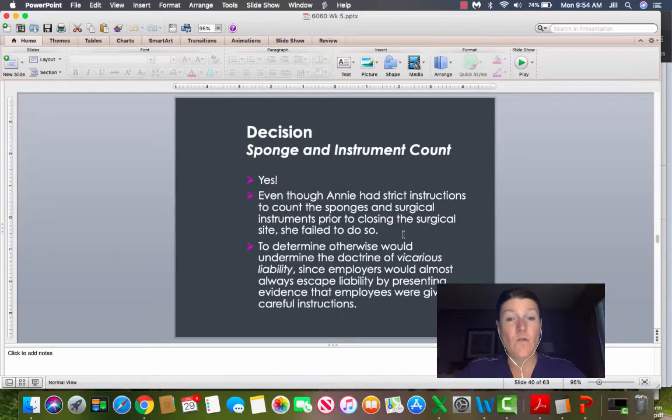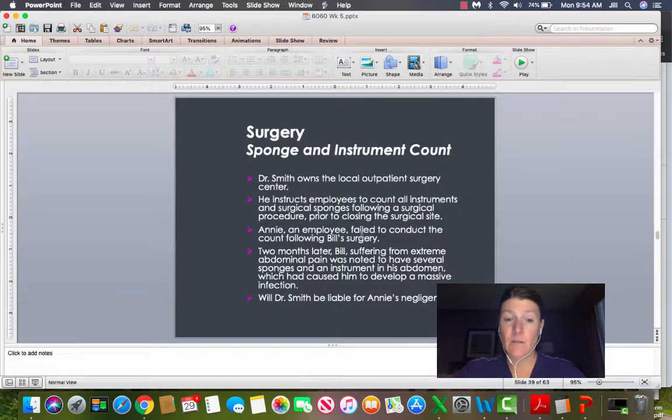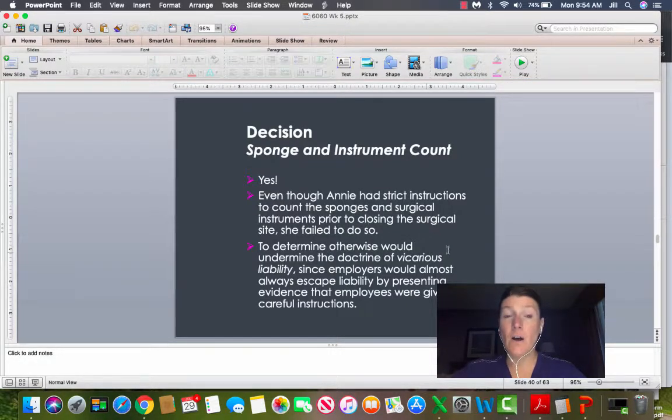Well, yes, that's the doctrine of vicarious liability that we were just talking about. Although Annie was the one that was tasked with that, Annie was to count the sponges and surgical instruments. She did not. So therefore, there was a duty to act. There was a breach of that duty. There was clearly an injury, if we look at the issues that Bill started having, and it was caused directly by her actions.